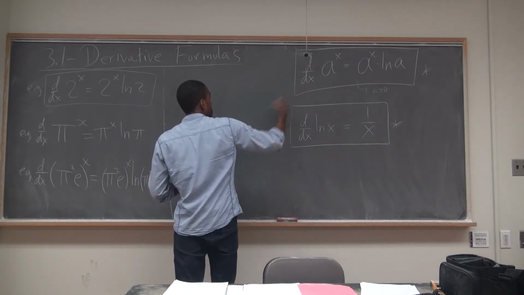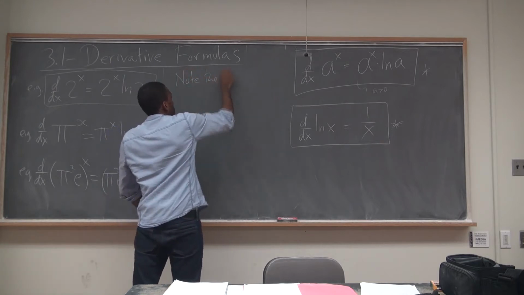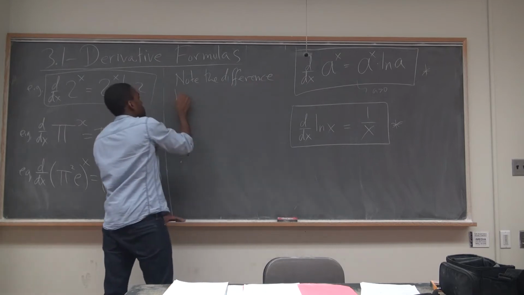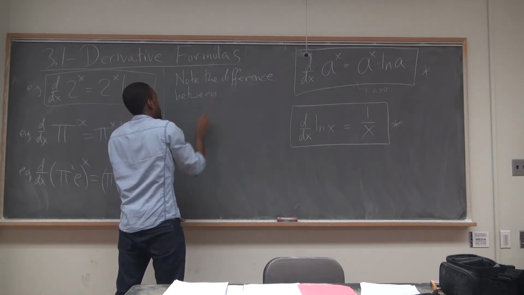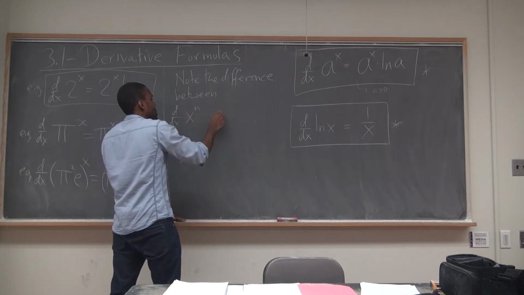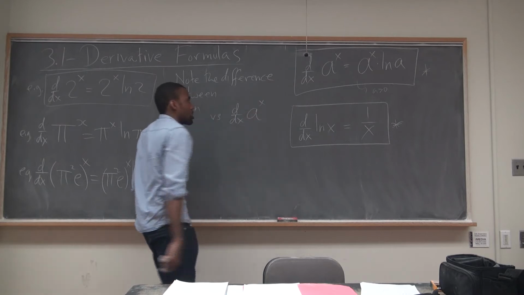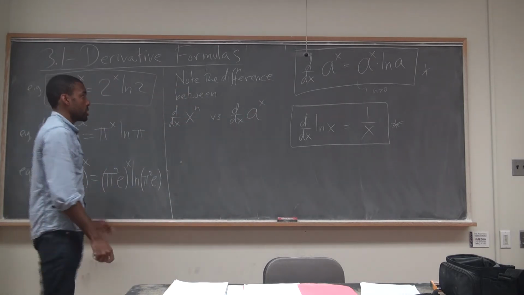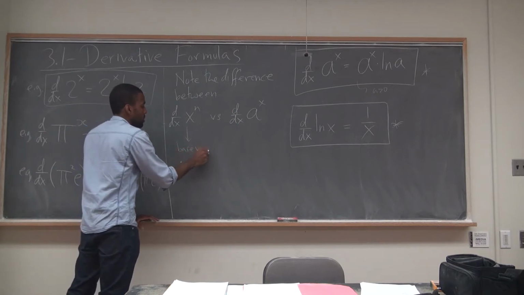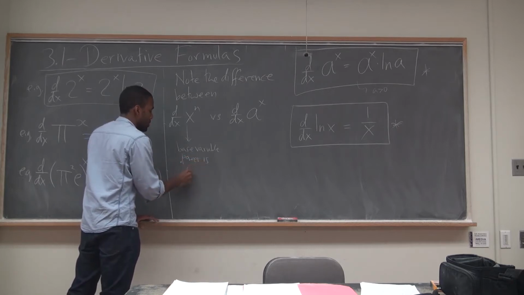One thing I want you to emphasize here, note the difference between something like x to the n versus something like a to the x, or n to the x. Notice that here, the base is the variable, the power is the constant.